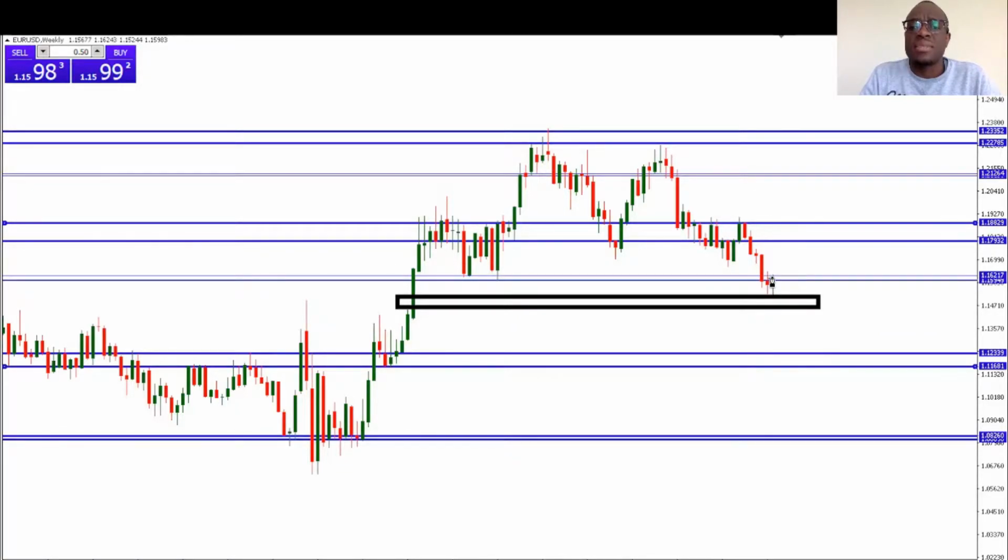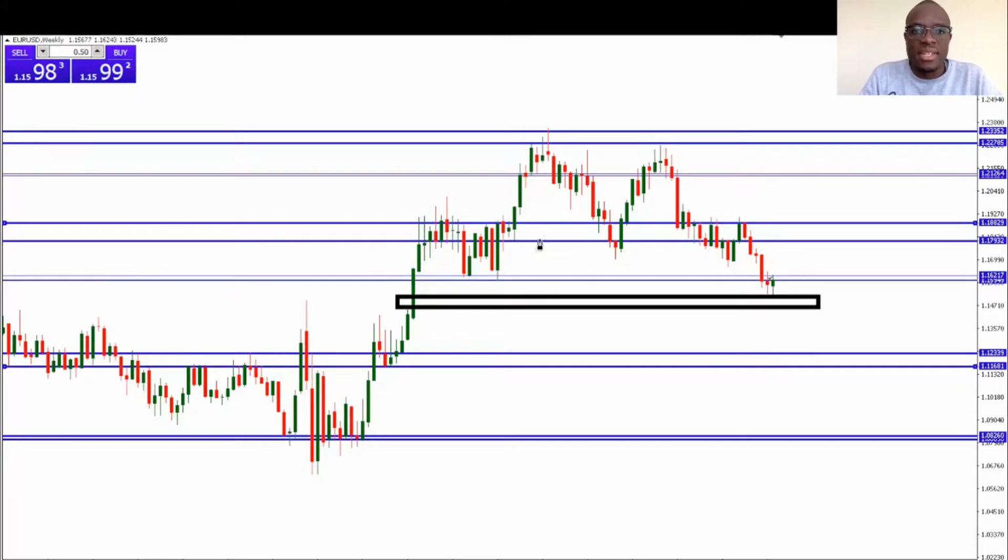Then in the other case, maybe this order block will be mitigated right away and the price will move to the upside, pull back, and then continue with the movement to the upside. But overall, we're expecting that the price is going to make a retracement before moving to the downside to clear this inefficiency and then seek to mitigate this order block.